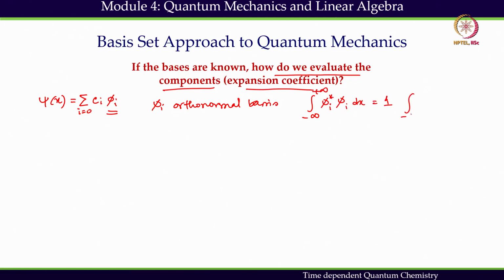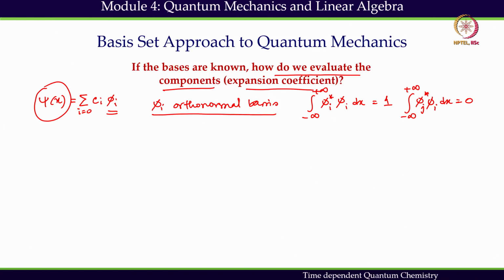But if I do the integration from minus infinity to plus infinity of phi_j star phi_i dx, this is going to be 0. So, we are assuming that we are expanding the total wave function in the basis of orthonormal wave functions, and if we do that, then we can use a trick to find out C_i.